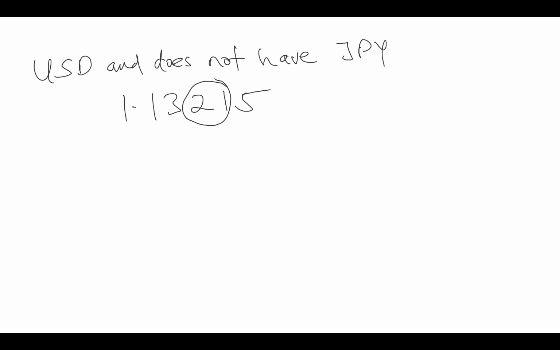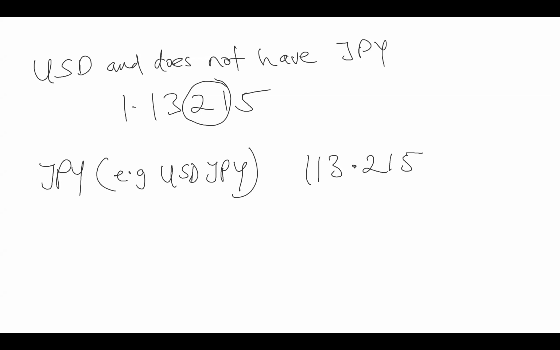Now, any pair that contains JPY, let me say for example, USD JPY, it is going to look like this instead. For any pair that has JPY, the pip is the first and second after the decimal.